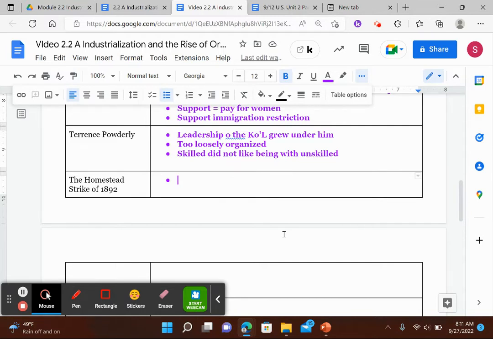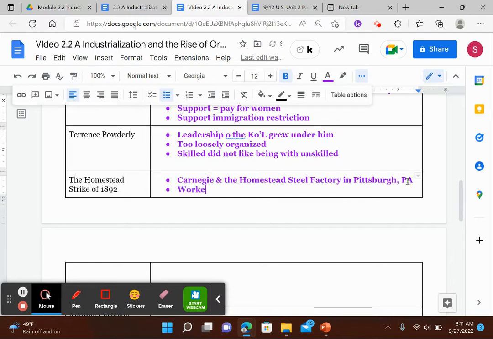So, Carnegie and the Homestead Steel Factory in Pittsburgh, PA. Did I spell that right? There we go. Okay, workers strike.